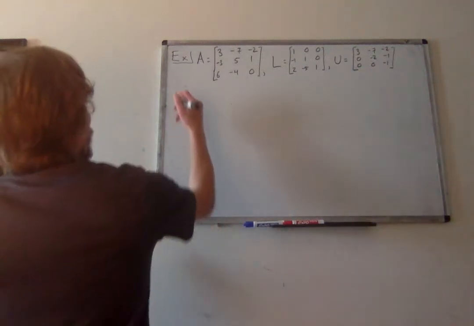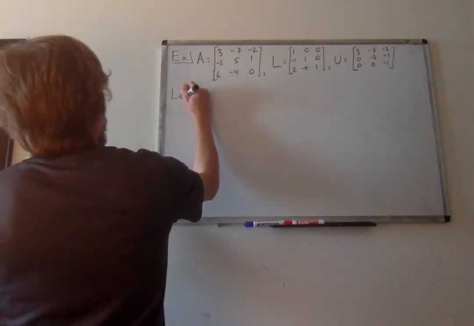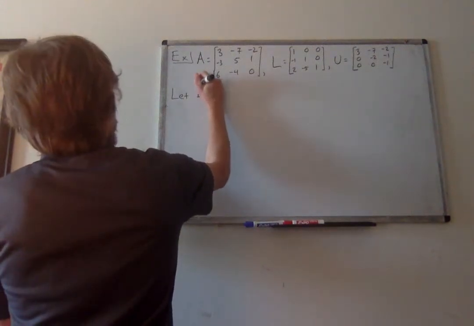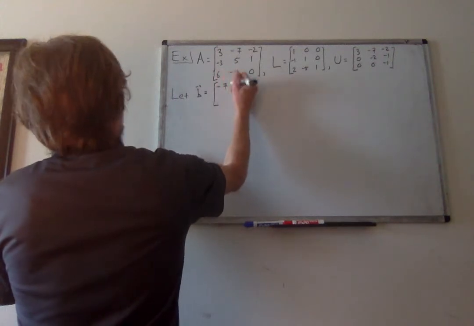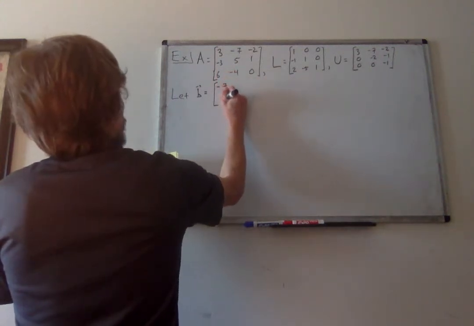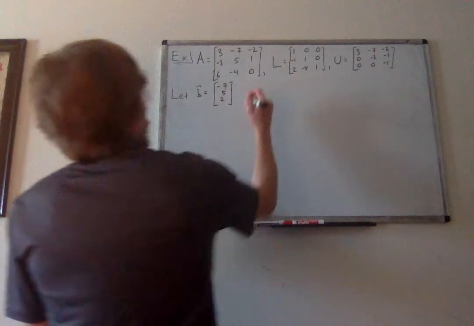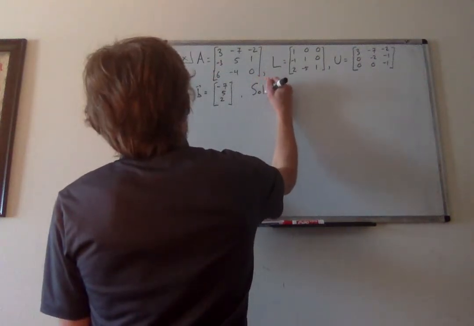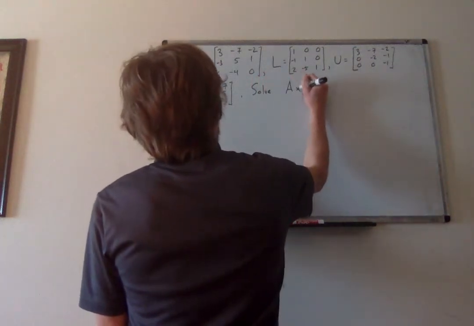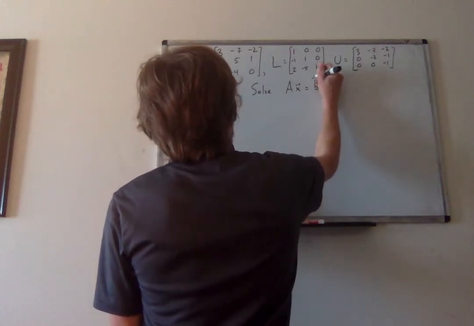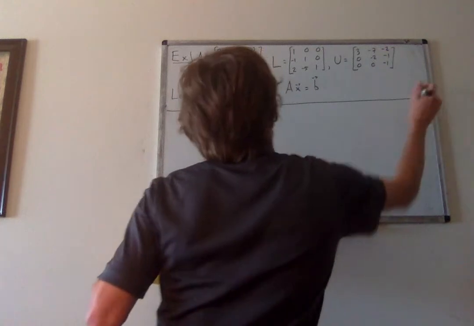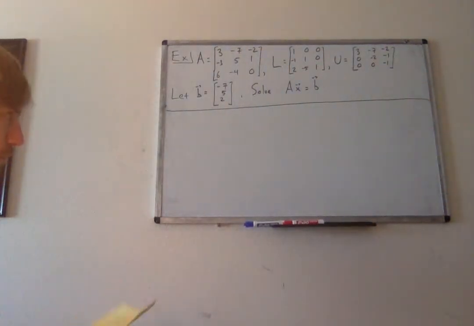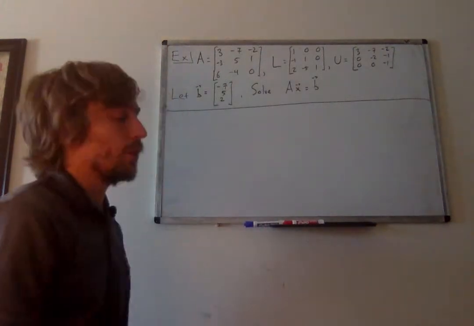So let's let B equal the following vector, and we want to solve AX equals B. So, how to do so using an LU factorization.